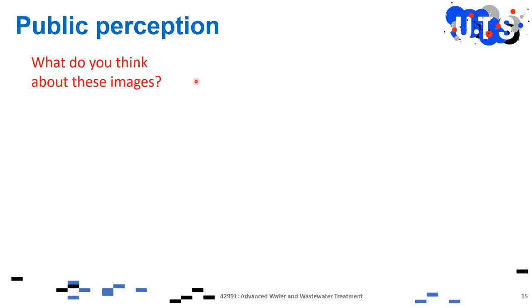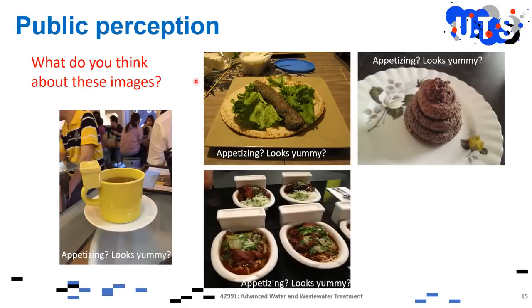Public perception is an important factor in the success of a specific project, especially related to water. So let's take, for example, these figures here. What comes to mind when you look at these figures?